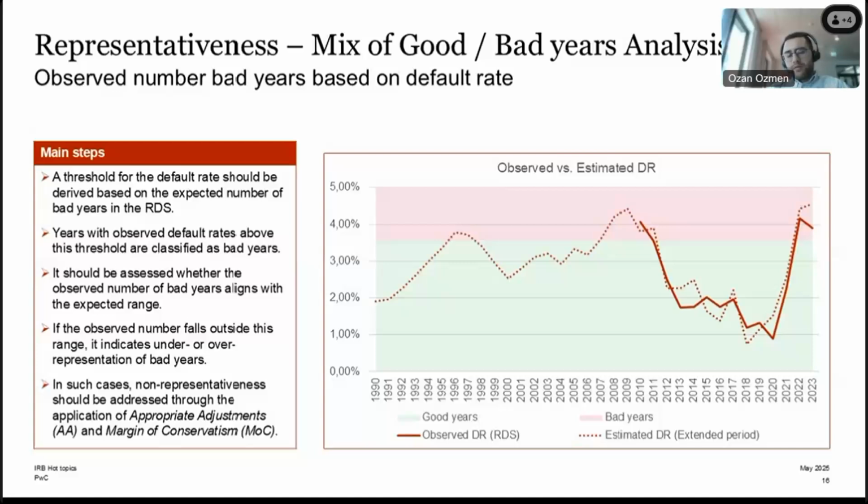And from the previous slide, I mentioned the range for the expected number of bad years, and eventually we evaluate whether the number of bad years that we see is within our expectation.